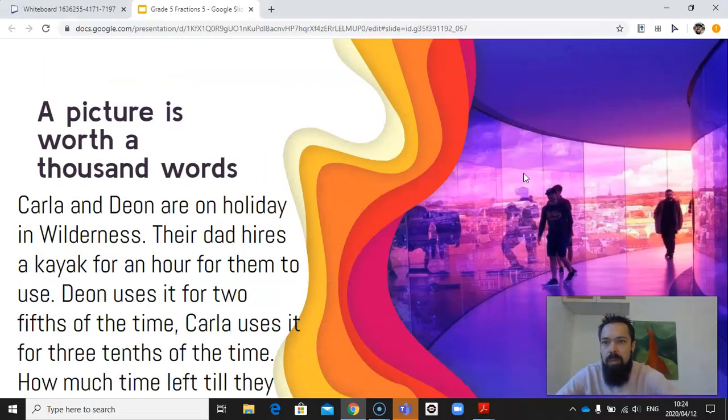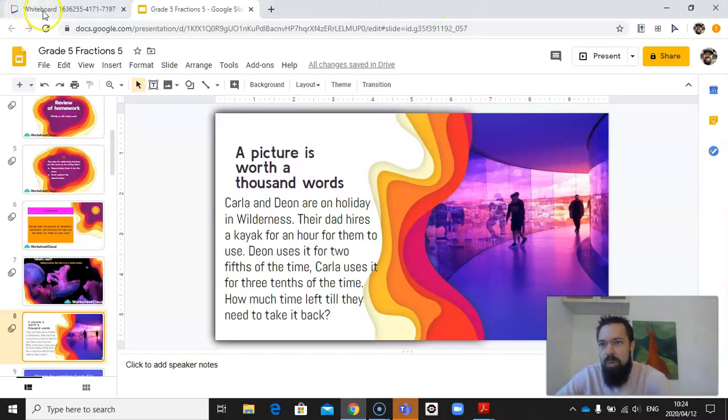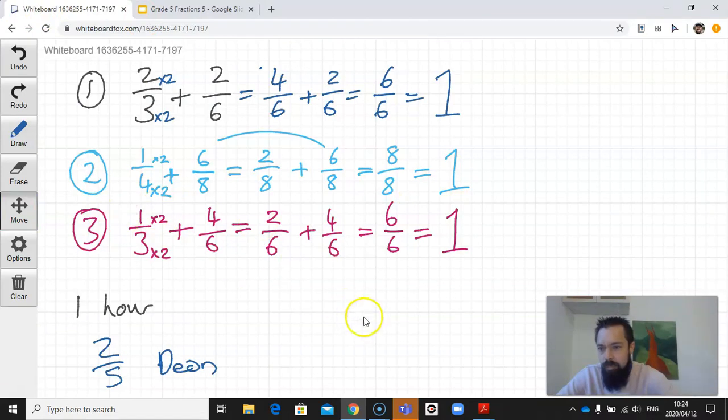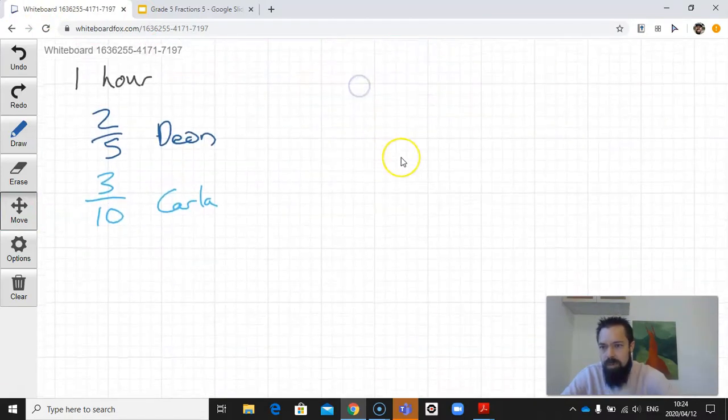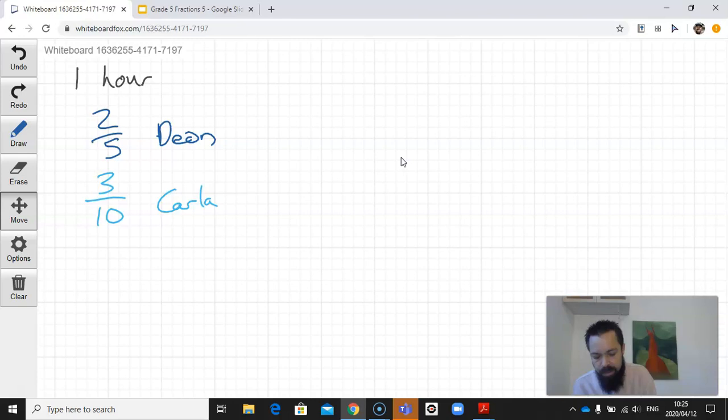Let's jump across to our whiteboard where I've jotted down the important information. So first of all, it was hired for 1 hour. Then we know that Dion uses it for 2/5 and Carla used it for 3/10. So let's find out how much they used it for altogether. So I guess we need to add that. So 2/5 plus 3/10.